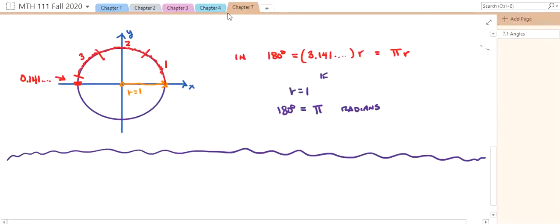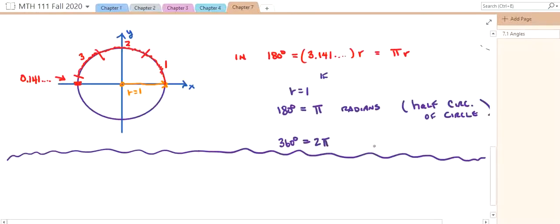So if this is half a circle, then 360 degrees, twice of this, 2 times 180, equals 2 pi.